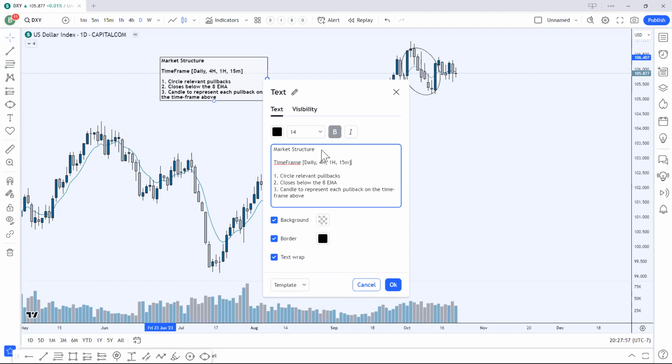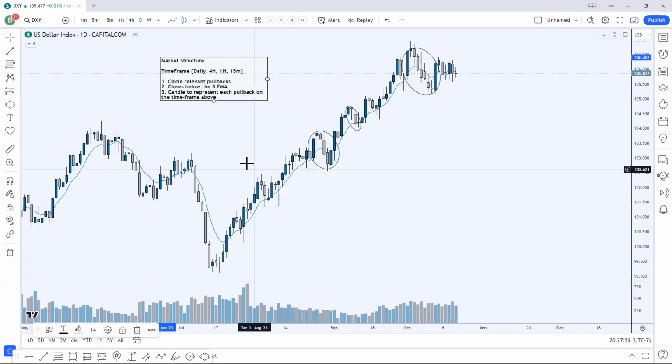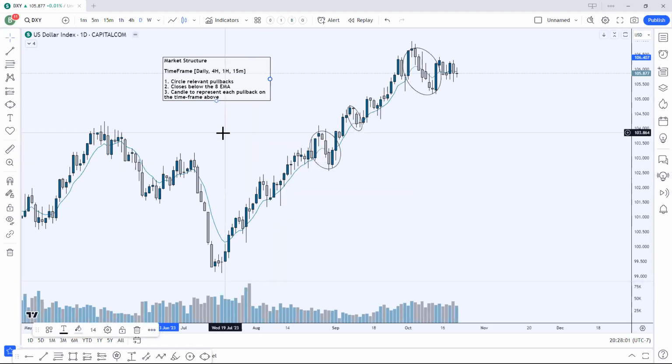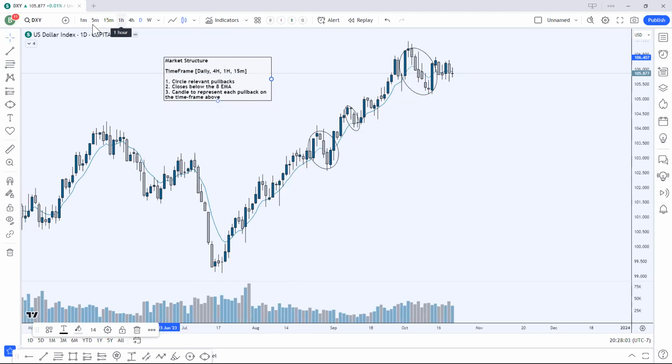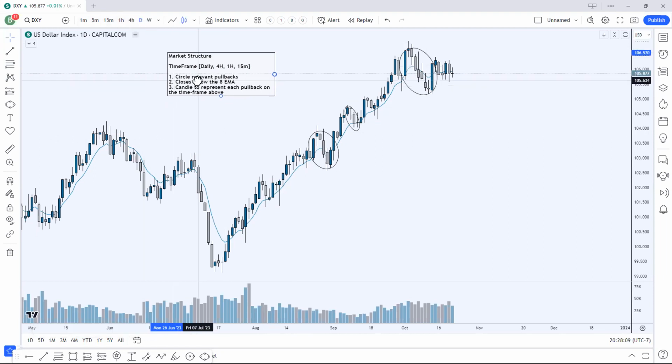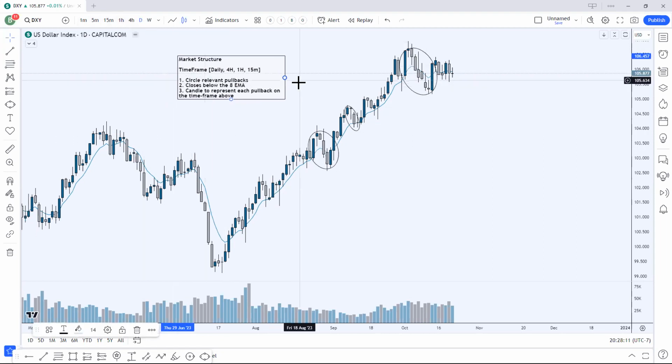So those are the 4 time frames that you're going to be using these rules on, okay? Obviously, we already know there's 1 minute, 5 minutes, 30-minute, 2-hour, 3-hour, like literally whatever time frame you want, you can pull it up if you have that package, right? But when it comes to market structure, remember that you're only using these 4, okay?